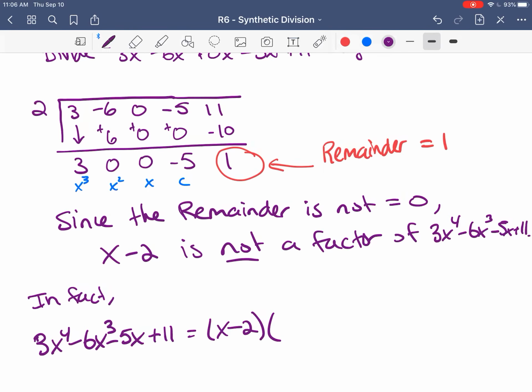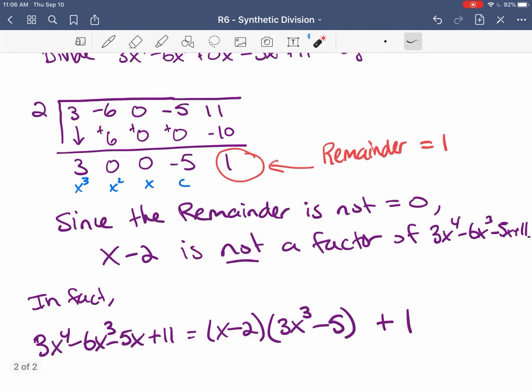So it's x minus 2 times 3x cubed minus 5, plus 1, the remainder. Because there's a remainder here, this did not divide evenly. That's how we can use synthetic division to find the factorization and also to test if something is a factor or not.